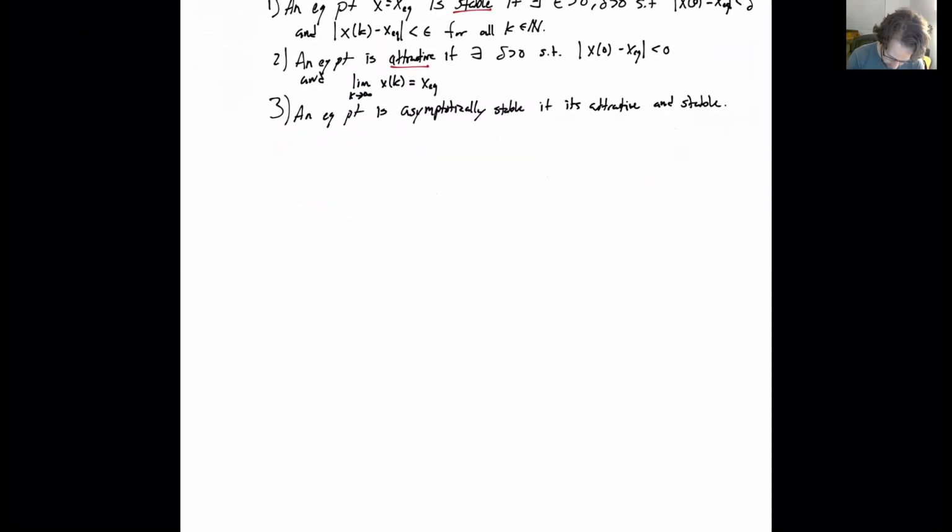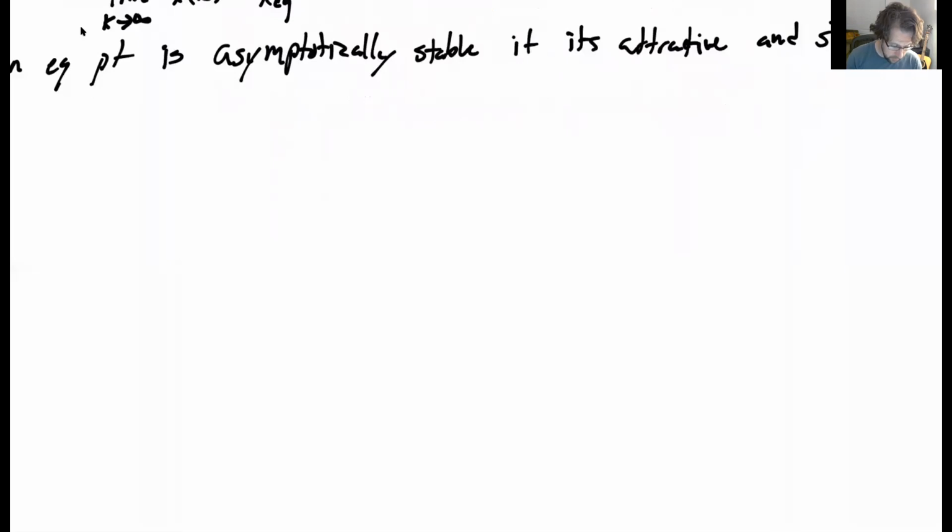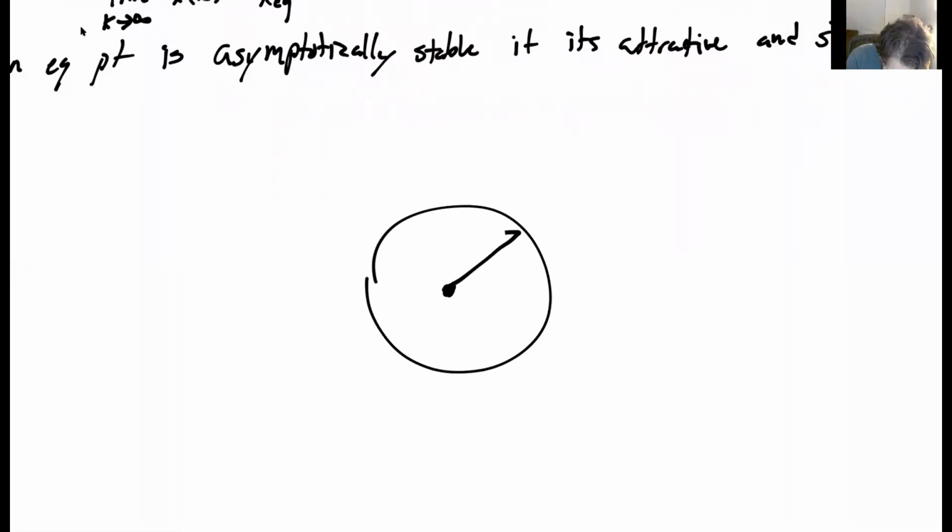All right, so now let's draw a picture of this. It'll look very similar to the picture of a continuous time system, although the solutions will be different, right? So we have an equilibrium point right there in the middle. And then we have a delta distance, this will be delta, and then we have an epsilon distance here.